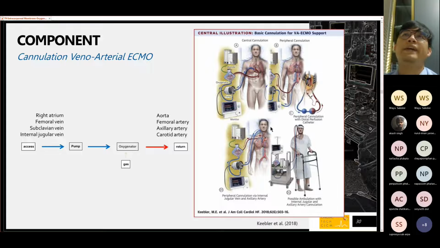So here is an example of the central cannulation and peripheral cannulations, right? You see here we have opened the chest, and here is the opening on the groin, and put the cannula inside here.